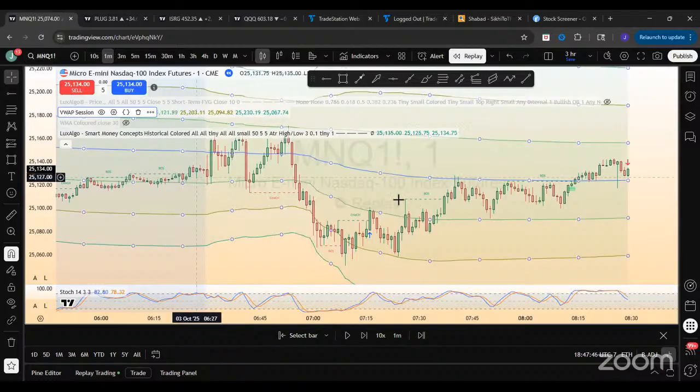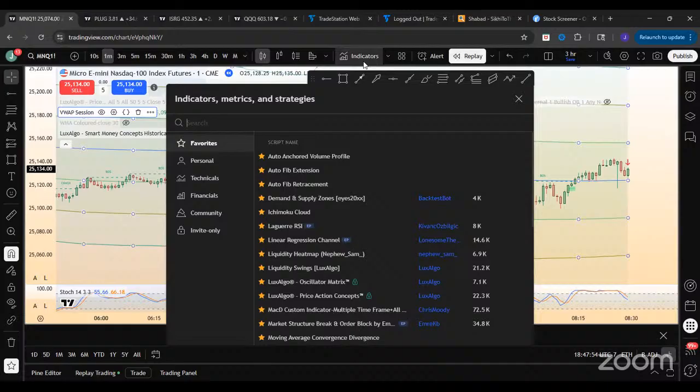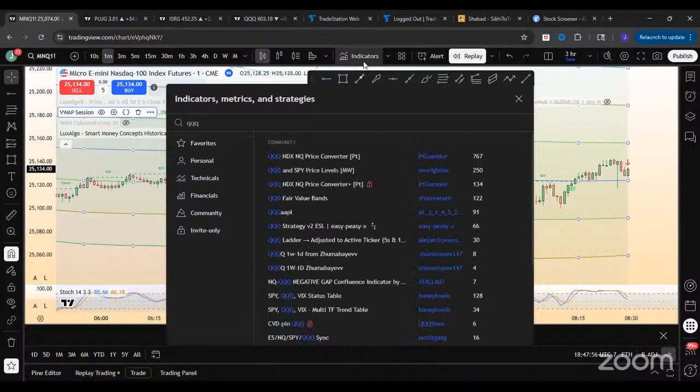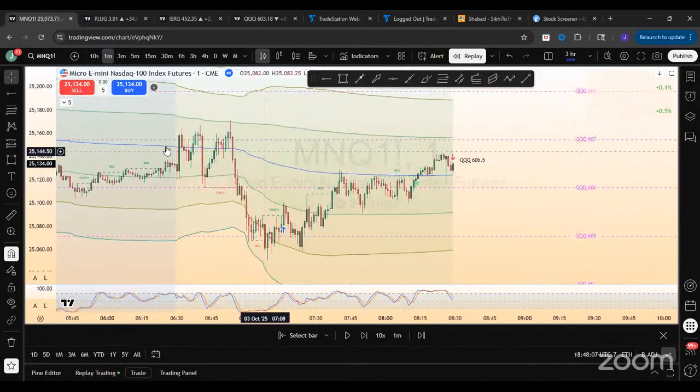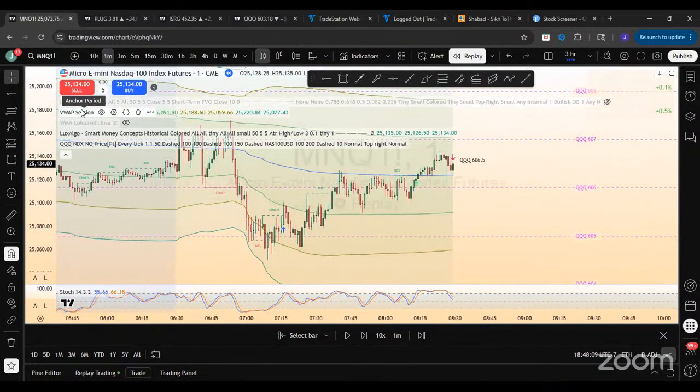Let me put it here. It's the QQQ, NDX, and Q price converter. What this does is it actually draws the QQQ levels.